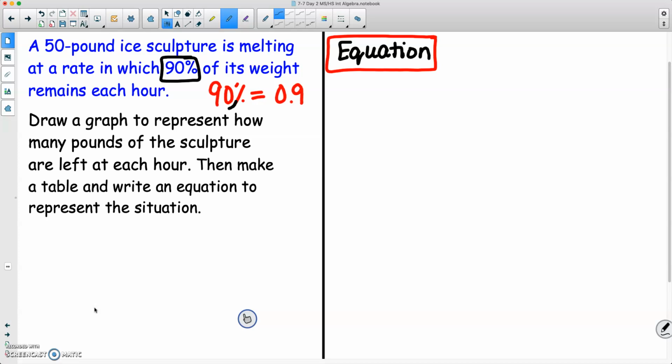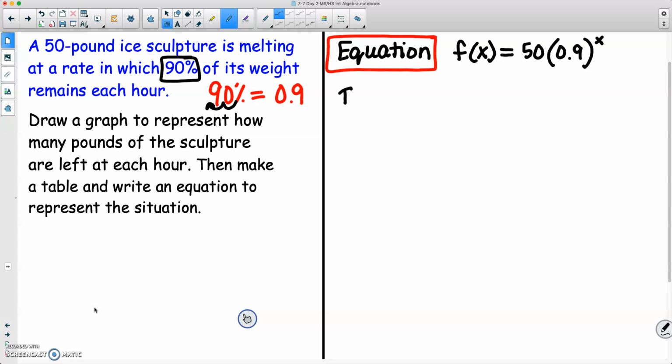Remember, it starts here and you go back 2. So my equation would be f of x equals, it started at 50 pounds. It's multiplied by 0.9 because 90% remains. So f of x equals 50 times 0.9 to the power of x.